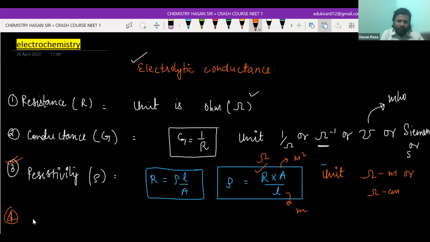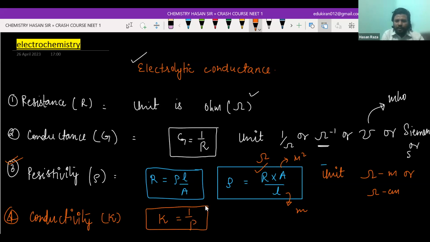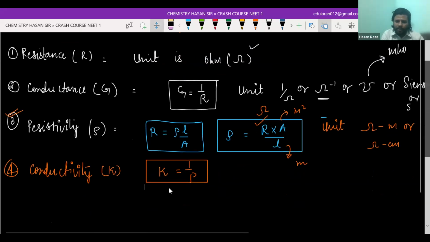Resistivity has another name, that is specific resistance. In the same way, we have conductivity, or specific conductance. Conductivity, we denote it with kappa, and kappa is the inverse of resistivity, that is 1 by rho. So you can also write the formula of kappa in terms of rho.